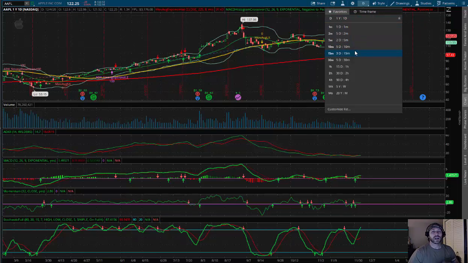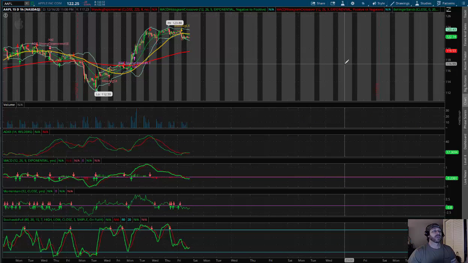What I've been doing is analyzing Apple on a 1 hour time frame and determining what I'm going to do. I'm going to pull up Robinhood while I'm doing this so I can show you guys a little bit. I only started this Robinhood account recently with like $75 or something like that.